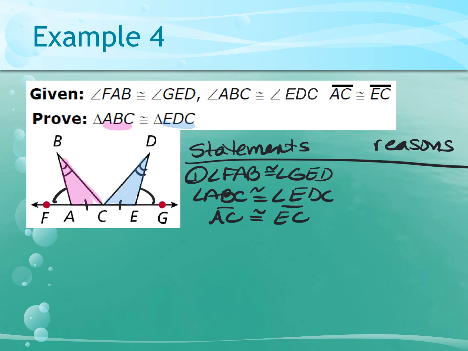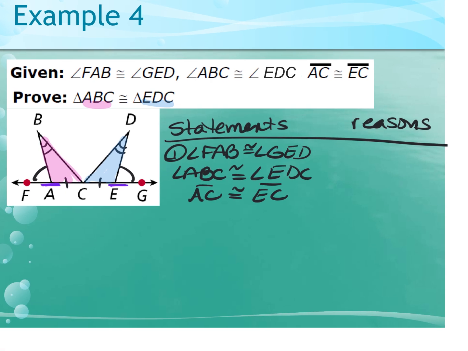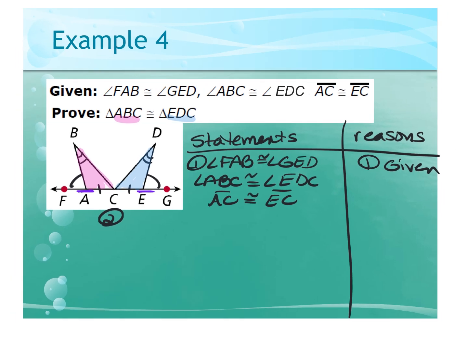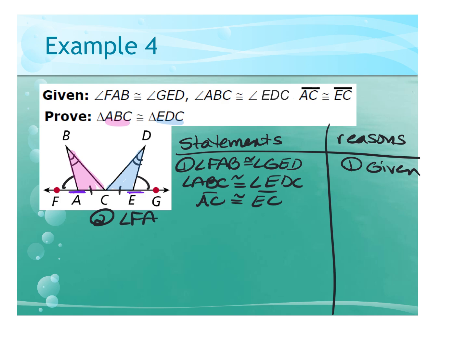So just like before, we're going to bring in our linear pairs. Similar to the other proof, notice I've got a linear pair right here and right here. So that's going to be my next statement. This was given. My next statement is going to be that FAB, that one that they gave me, and CAB are a linear pair.